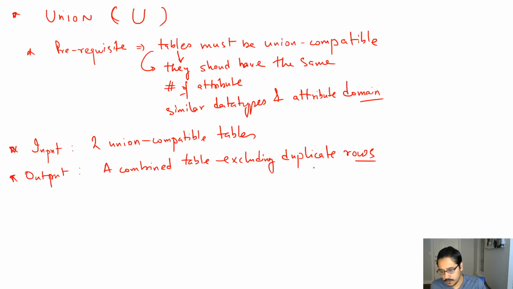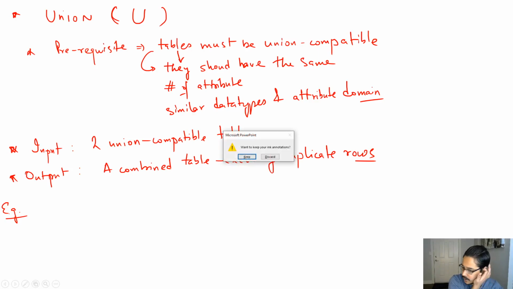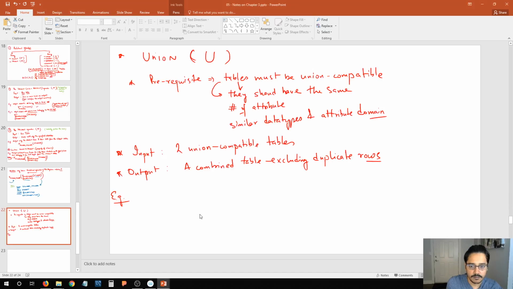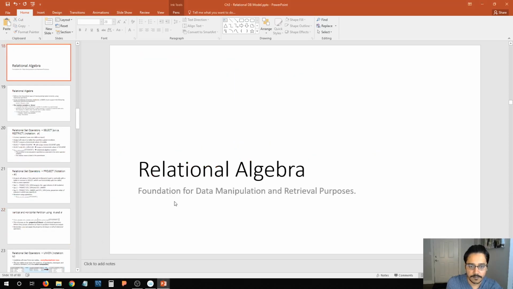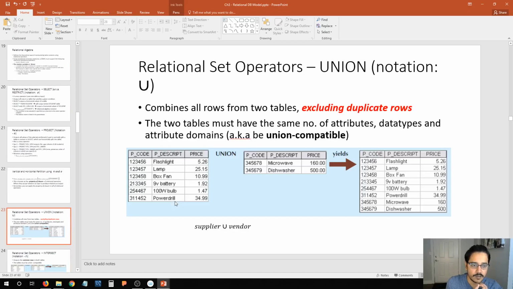That means, and I'm taking this example from the book, let's just go to the formal slides and take the example from the book in order to better understand this.